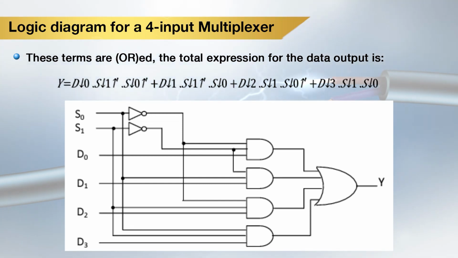This shows the implementation of this equation in the form of the logic diagram. Here we can see the combination of the selection lines is given at the input of the AND terminals and data D0, D1, D2 and D3 are given to these AND terminals respectively, and the output of the AND logic is given as the input of the OR logic and the output Y is selected from here.